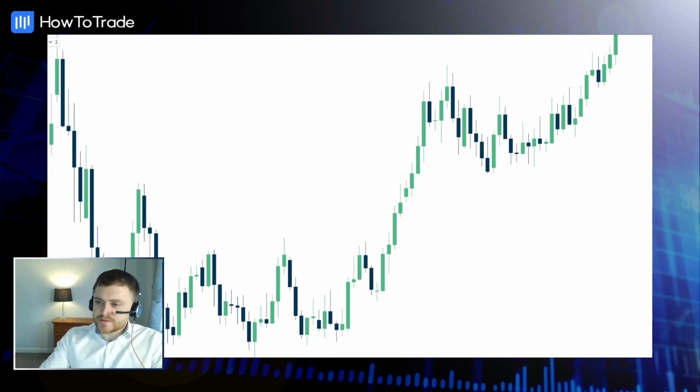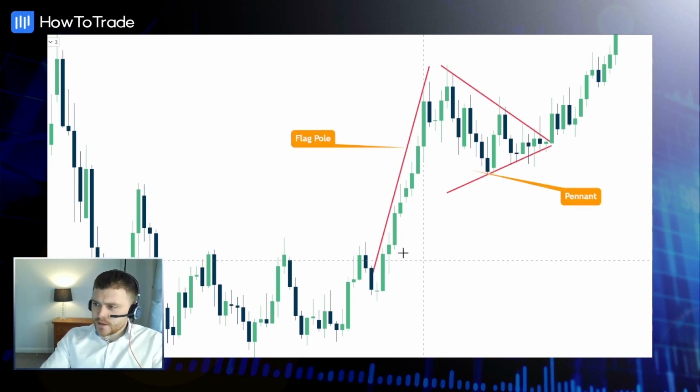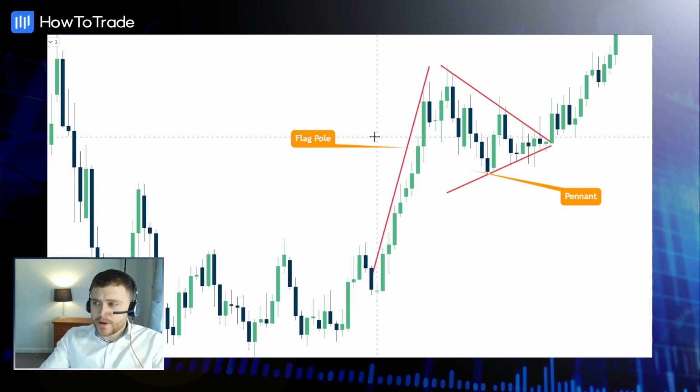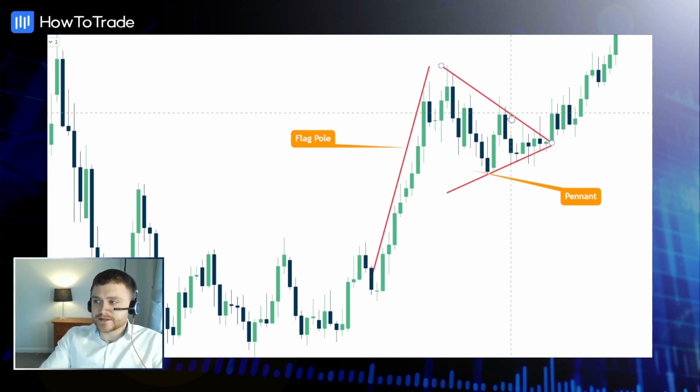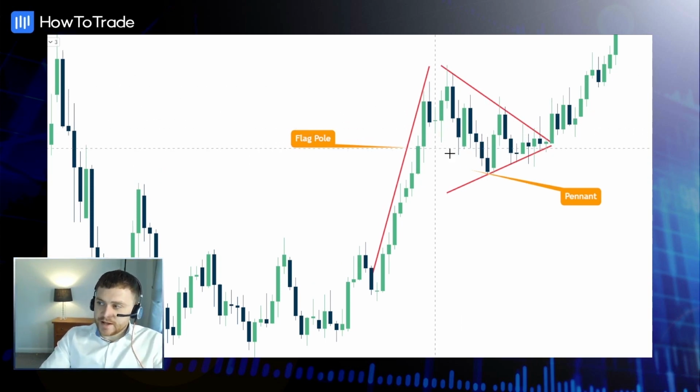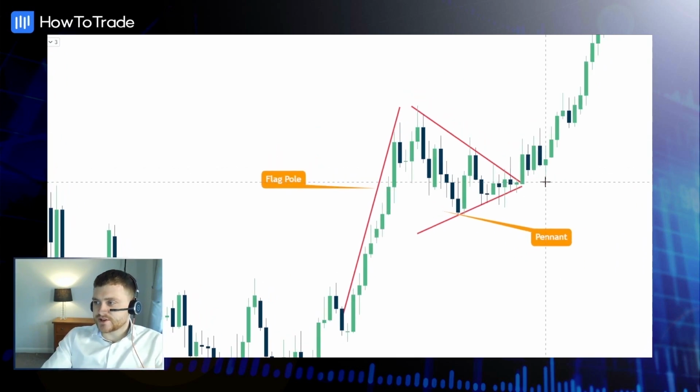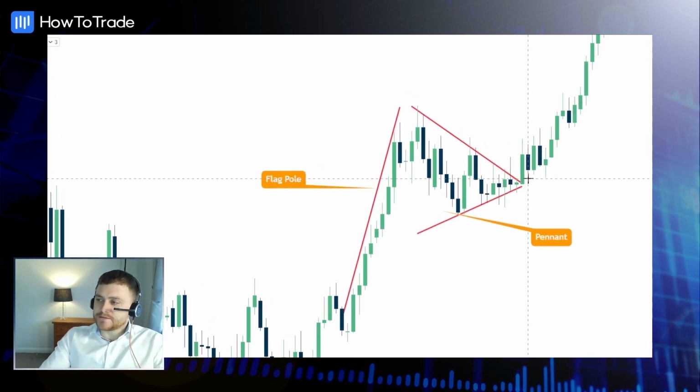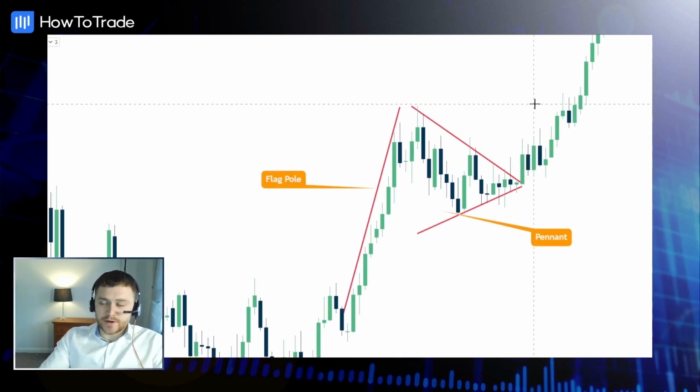So when I get these drawings back up on the chart here, you can see from this move, this expansive move is our flagpole, and the pennant is the consolidation, the triangle consolidation pattern that we have in between. Now, if we're traders looking to trade it, essentially what traders will do is maybe buy at the breakout candle that we have here.